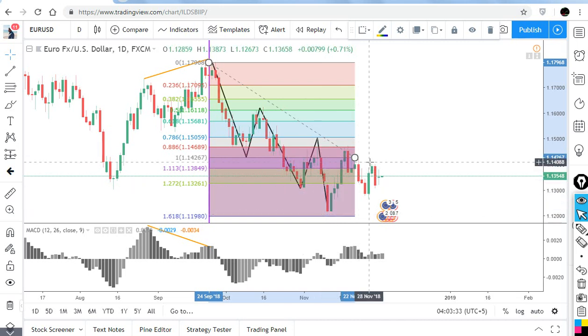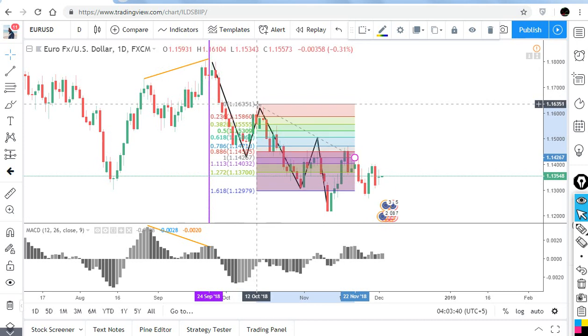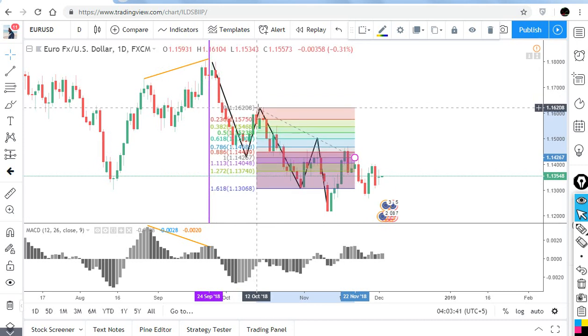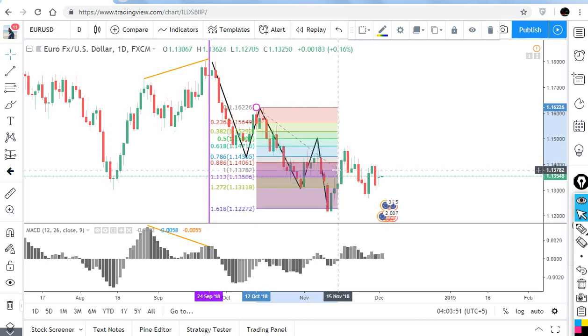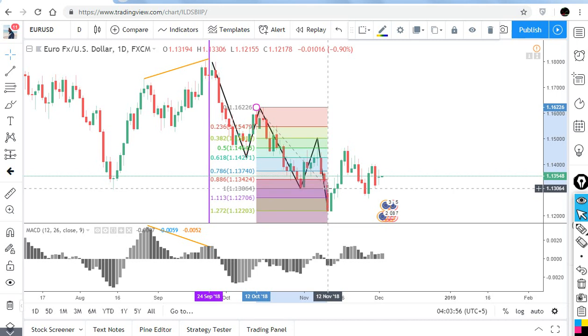Now the other way is to count your wave number 3 here, right? And from wave number 3 you count your 100 here. Now this is your 100 and it's telling you the correction of this wave 3 is basically a maximum of 0.38.